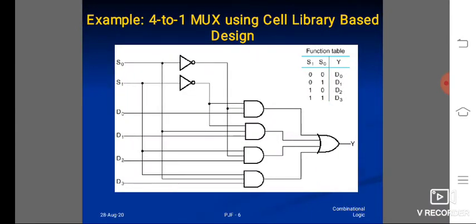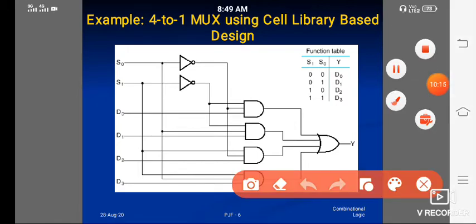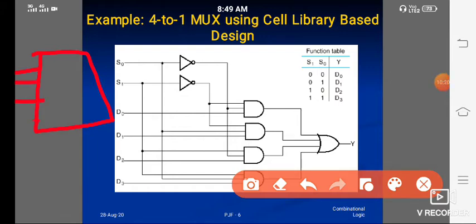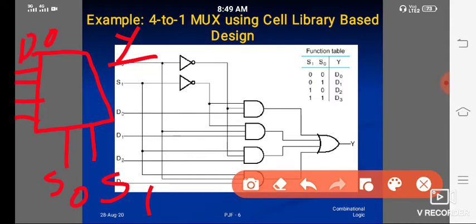Next is the 4 to 1 multiplexer. It has 4 inputs, 1 output, and 2 selection line inputs. This is the functional block diagram. Here 1, 2, 3, 4 are the inputs, with 2 selection lines and 1 output. The selection lines are S0, S1, and the output is Y. The inputs are D0, D1, D2, D3.